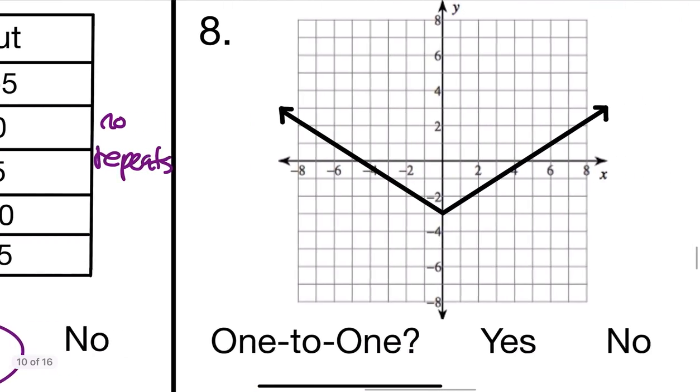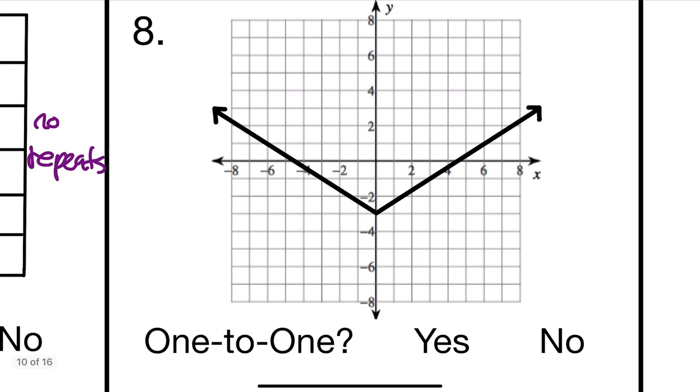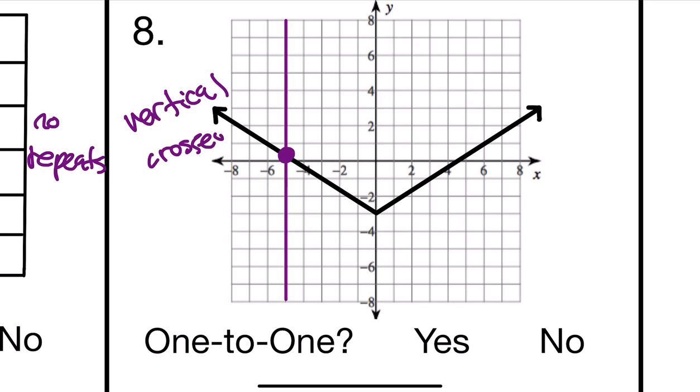Let's try this on number 8. Number 8 is going to be a graph, so first we have to do that vertical line test. It crosses once. So that's good. Let's try that horizontal line test. Once again, it could go anywhere. It doesn't matter.